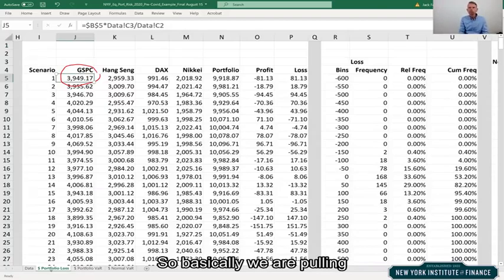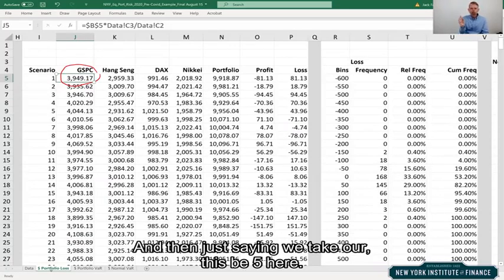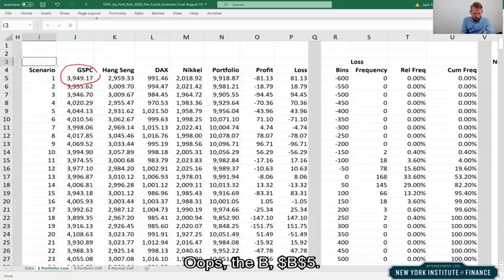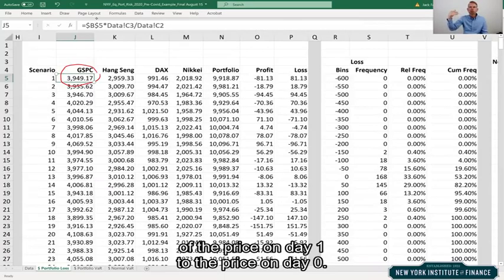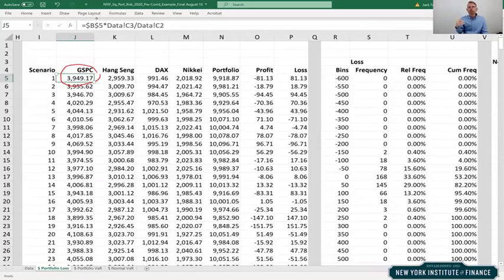So basically, we are pulling our data from the data tab, and then just saying we take this B5 here, oops, the $5 there is just the $4,000 that we're allocating times the ratio of the price on day 1 to the price on day 0.